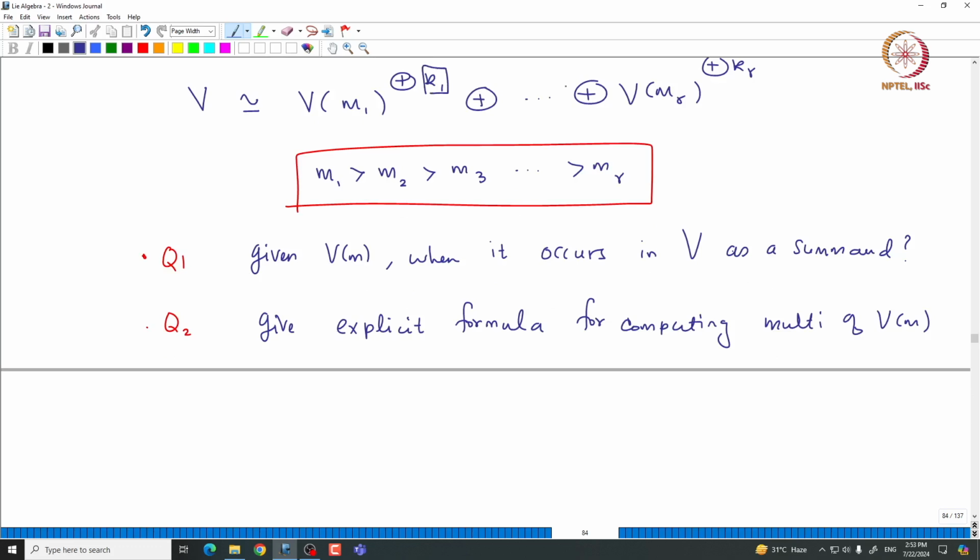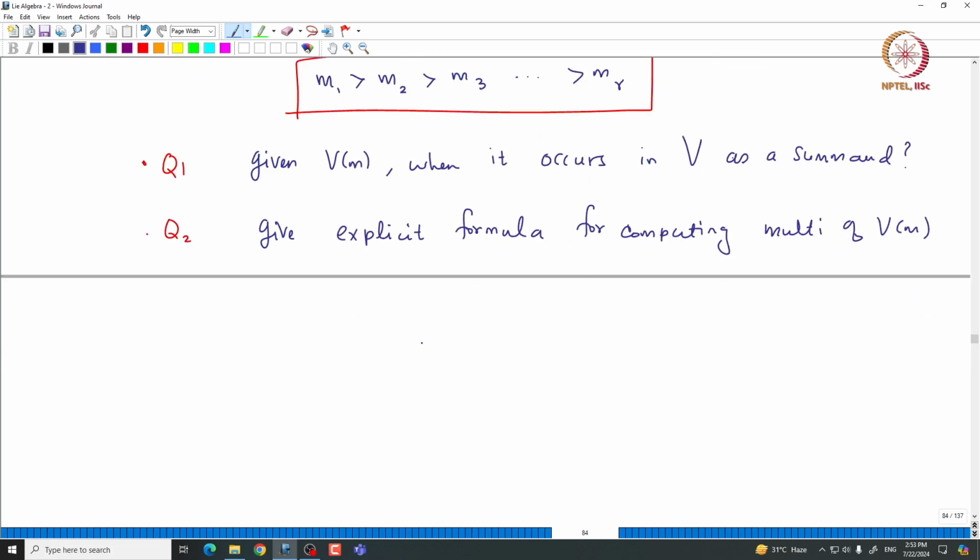So, these k1 etc. kr are called multiplicities of the respective V(m1) etc. V(mr). So, give an explicit formula for computing the multiplicity of V(m) in capital V, of course, in terms of capital V. This is something that we would like to do in this class.